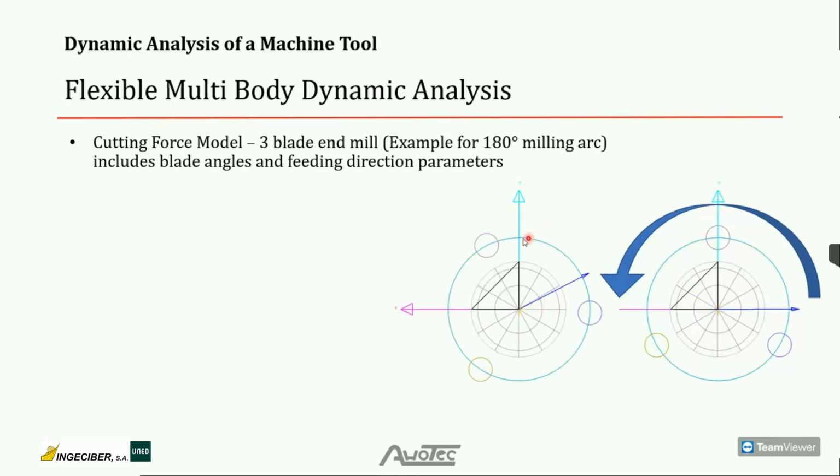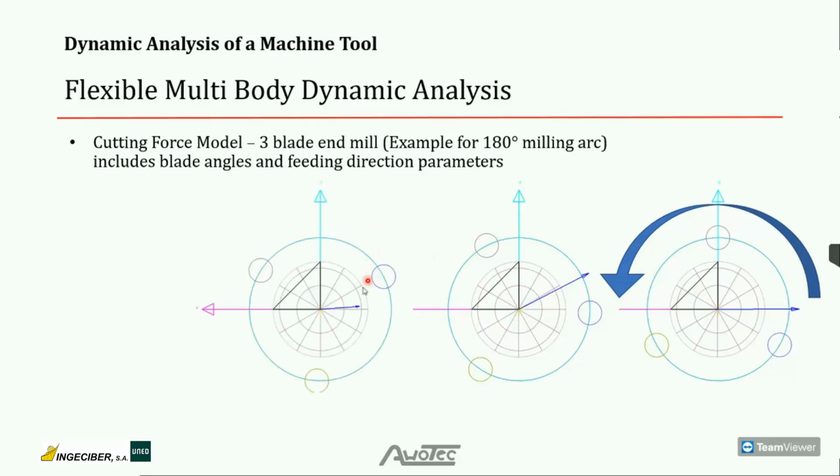When we rotate now, in this case 30 degrees, then the next blade comes into contact with the material, and we see a change in the overall cutting force vector.